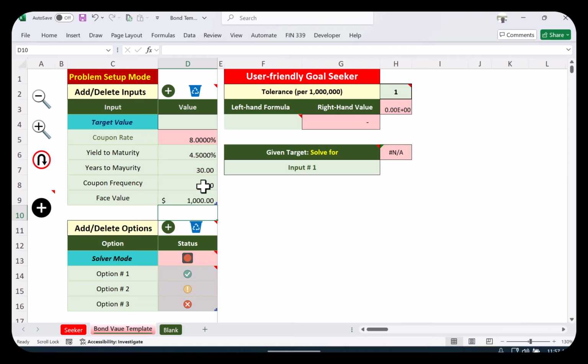There is a reason coupon rate right now has a pink background. That doesn't mean anything right now. That's going to mean something when we actually, and this, I'm going to call this target bond value.